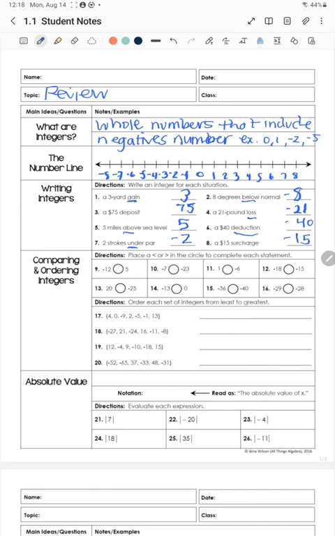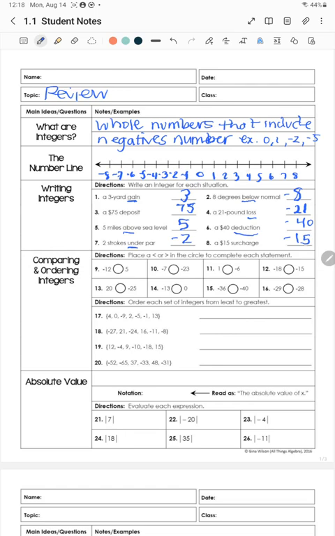Alrighty. Next order of business is comparing or ordering integers. You're going to place a greater than or less than symbol in the circle to complete each statement. Remember on the number line, we mentioned that numbers that increase or go to the right are positive. Numbers that decrease or that are negative are heading toward the left. So if you think about negative 12 and positive 5, which number is bigger?